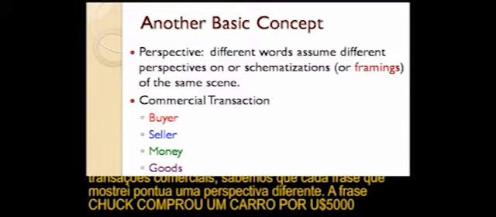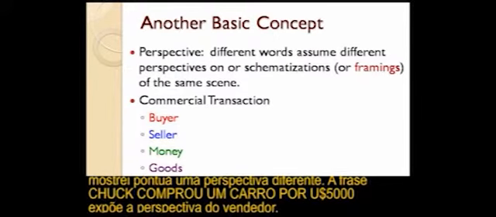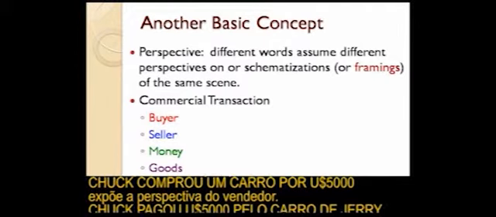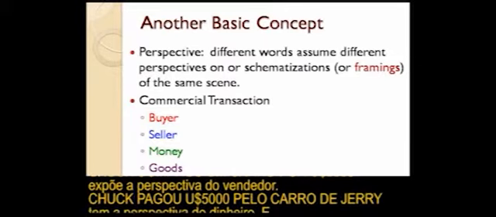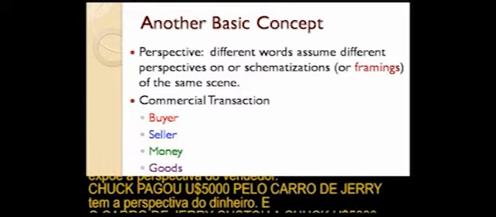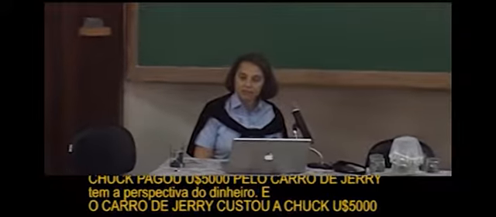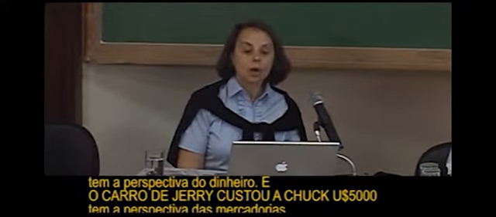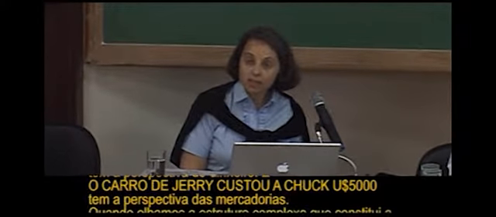So the sentence, Chuck bought a car from Jerry for $5,000, takes the perspective of the buyer. Jerry sold Chuck a car for $5,000, takes the perspective of the seller. Chuck paid $5,000 for Jerry's car, takes the perspective of the money. And Jerry's car cost Chuck $5,000, takes the perspective of the goods, right?